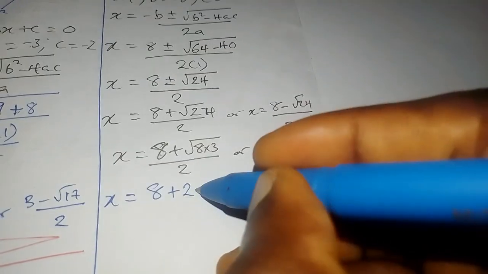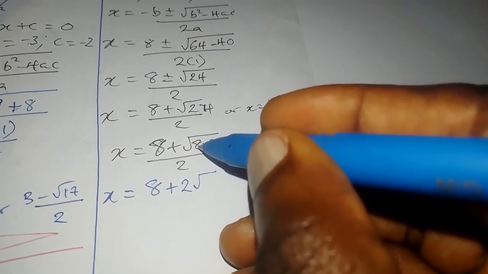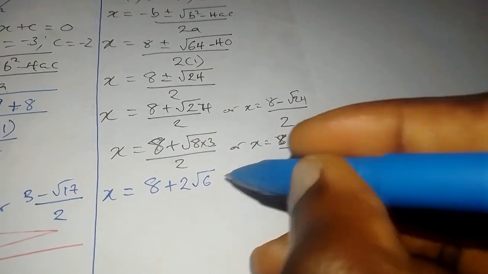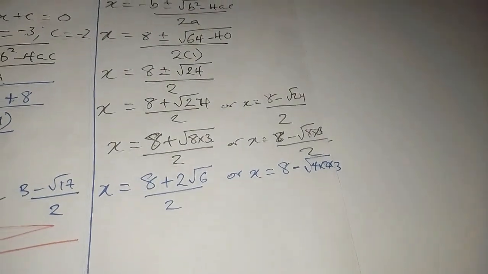Now I can say 2 root 3 times, I left 2 inside, so 2 times 3, that's 6, divided by 2, or x is equal to 8 minus what I did there, minus the square root of 8 here, which can be written as 4 times 2 times 3, right?